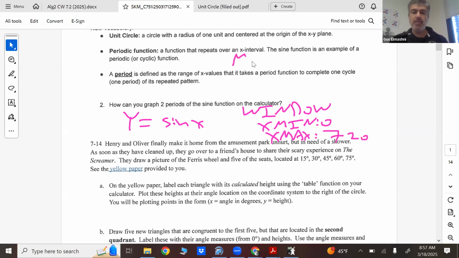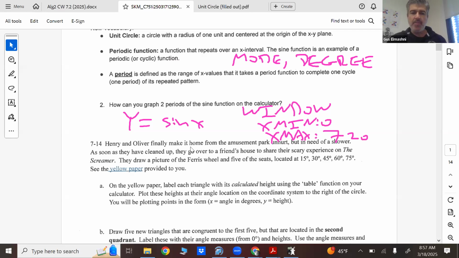And mode, these should be degrees. Mode's gonna be degree. That's how you do it. We will talk about graphing radians. For now, let's keep in degrees just to keep things simple. So not too many notes here, just more explanation. That makes sense, hopefully.